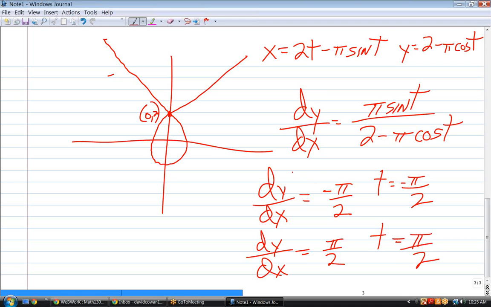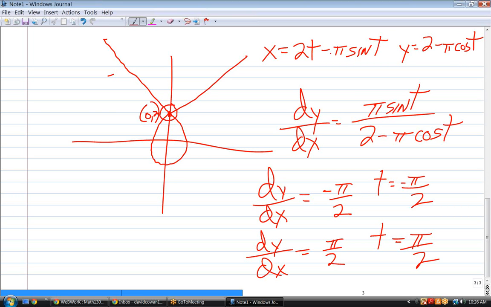All right, their logic here is because at the point x equals 0, y equals 2, when t is equal to plus or minus pi over 2. Let me think. So did you just plug in a number on the unit circle to make it have a nice number? No, I plugged in this number right here.